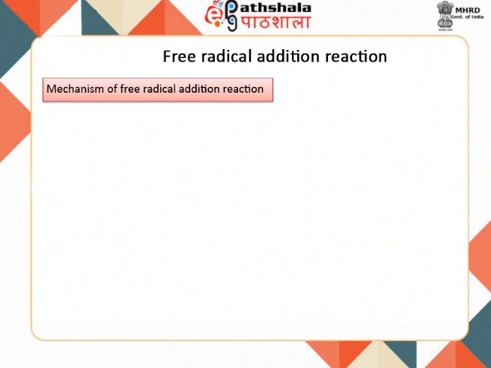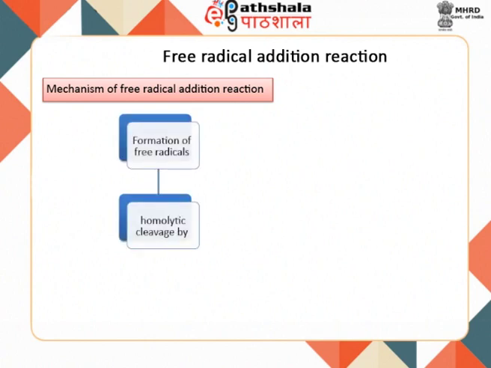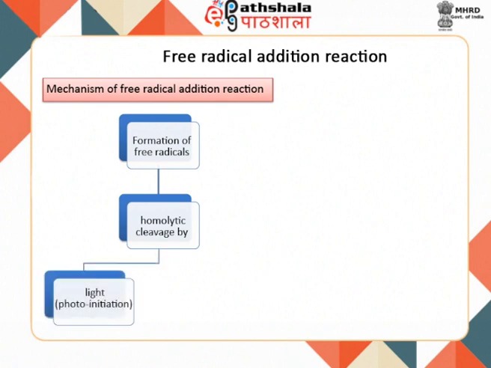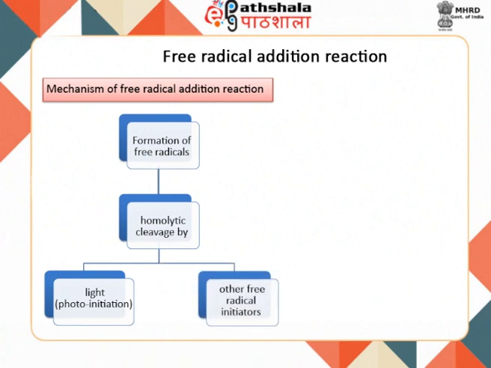You are already aware that free radicals are formed by homolytic bond cleavage, which can be brought about through light, that is photoinitiation, or by adding other free radical initiators.